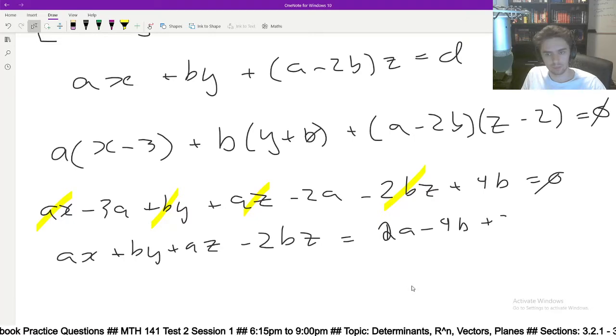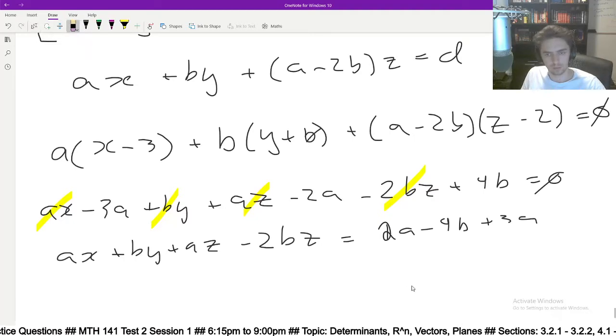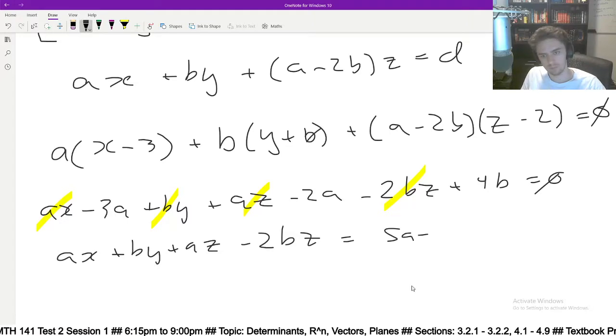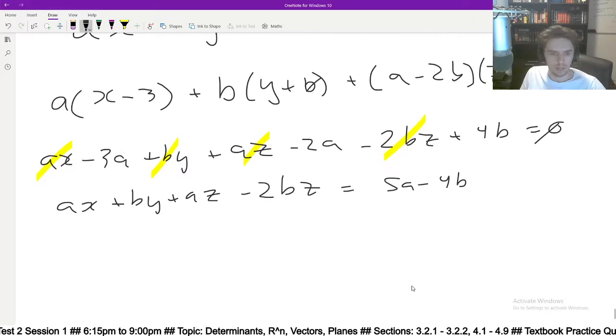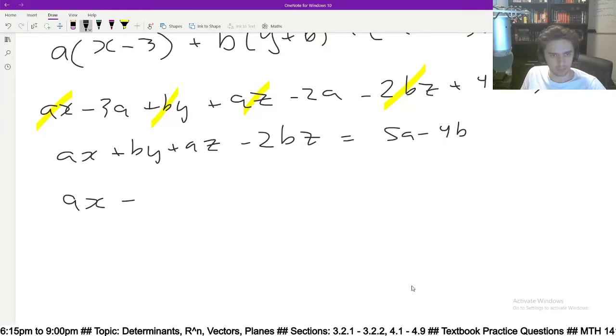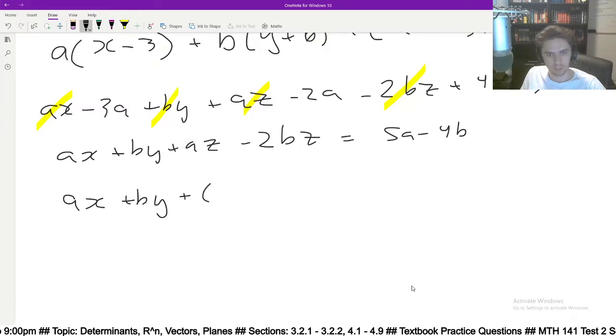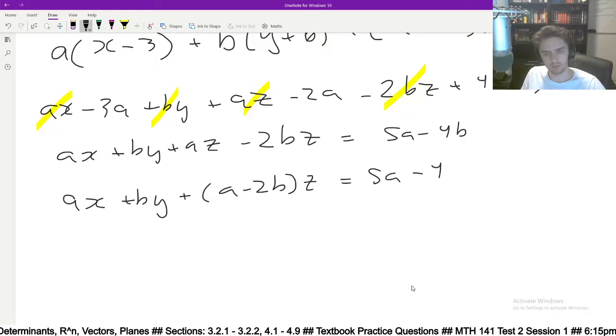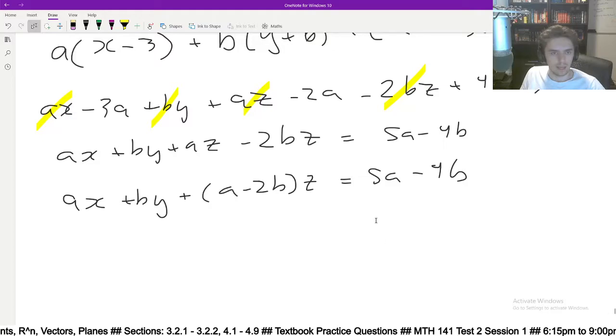Oh, plus 3a, oops. I'll write that again. So 5a minus 4b. And here I can factor the z from both of these. So ax plus by plus (a minus 2b)z equals 5a minus 4b. And there we go. That's the equation of a plane.